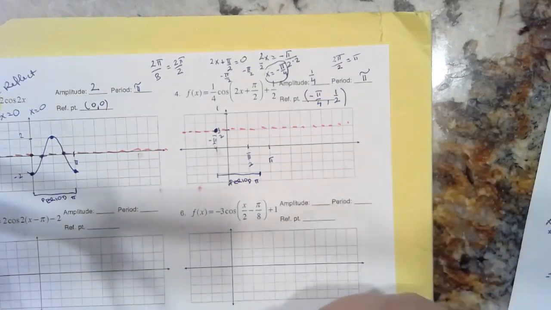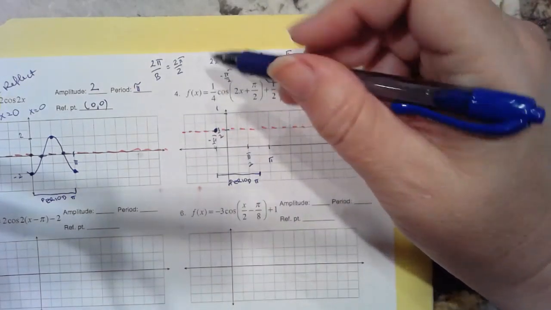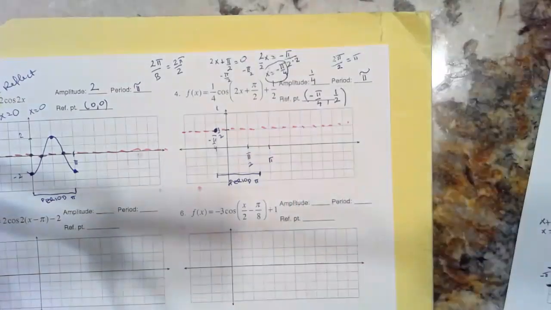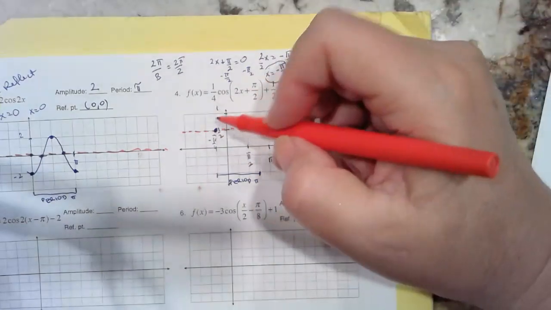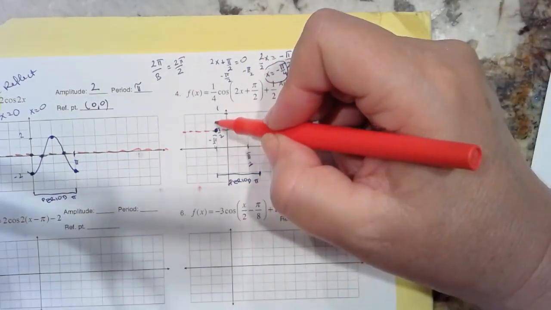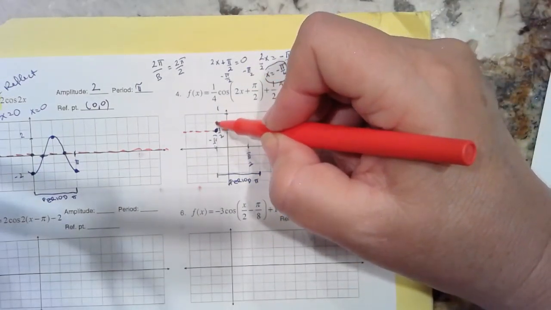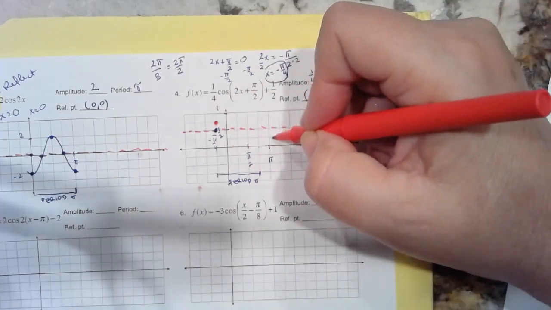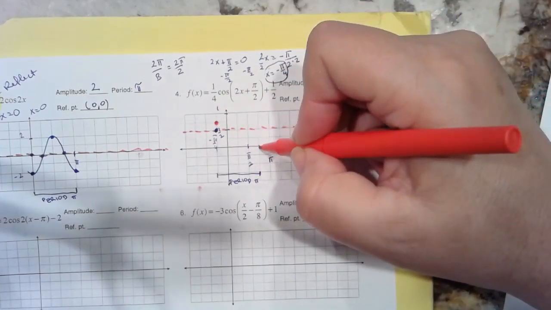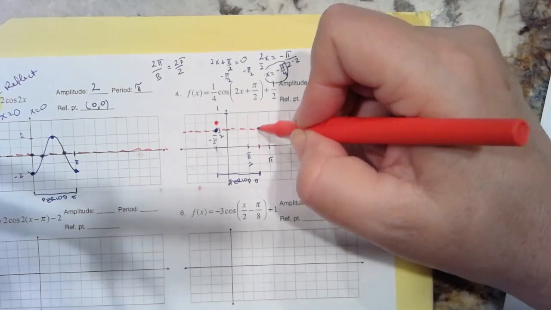which is just pi. So again, this is positive, so that means I'm going to go up. My amplitude is 1/4, so this is 1/2. 1/4 will just be 1 up, so this is 1 up. I end here, and then 1 up.